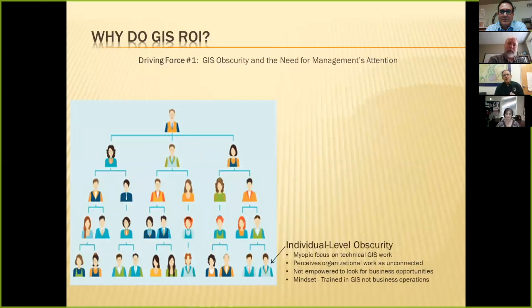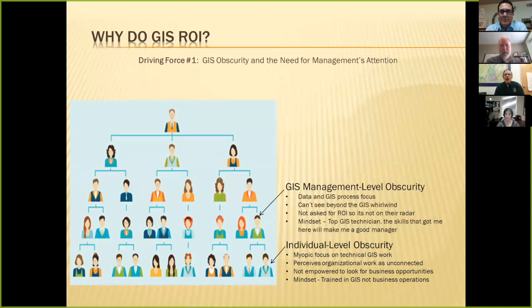So at the individual level, obscurity has its origins deep within perhaps the excitement of a GIS technician applying their craft. This is what they learned in school, and this is what they are all in doing. Perhaps at the consequence of becoming somewhat disconnected from the rest of the organization.